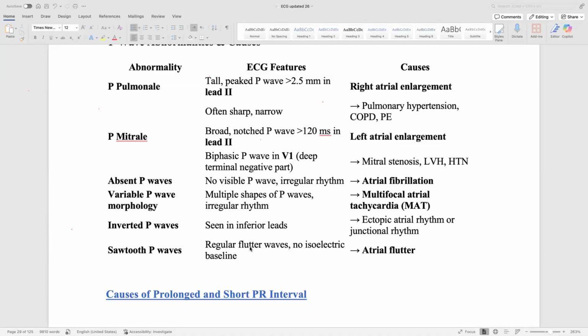So, what is the definition of atrial fibrillation? Not irregularity. Irregularity is a result. But the electrical definition is by the absence of P wave.